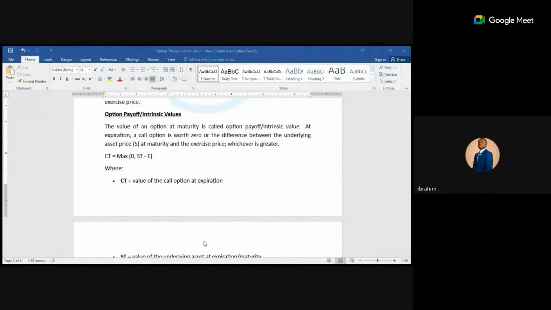Class. The way they normally set questions on option pricing, you can use it to hedge. We should not forget that the option market is a market where investors can hedge against the fluctuation of their investments. An option market is different from the stock market. So you can use an option market to hedge.